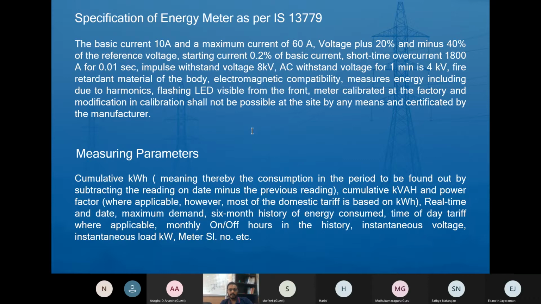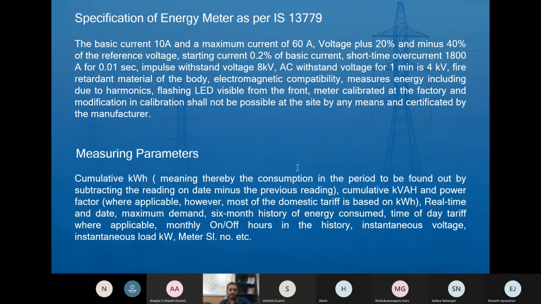However, most of the domestic tariff is based on kWh. Real time and date. Maximum demand. 6 months history of energy consumed. Time of day tariff where applicable. Monthly on and off hours in the history. Instantaneous voltage, instantaneous load in kilowatts, and also meter numbers, etc. These are the main parameters to be recorded.